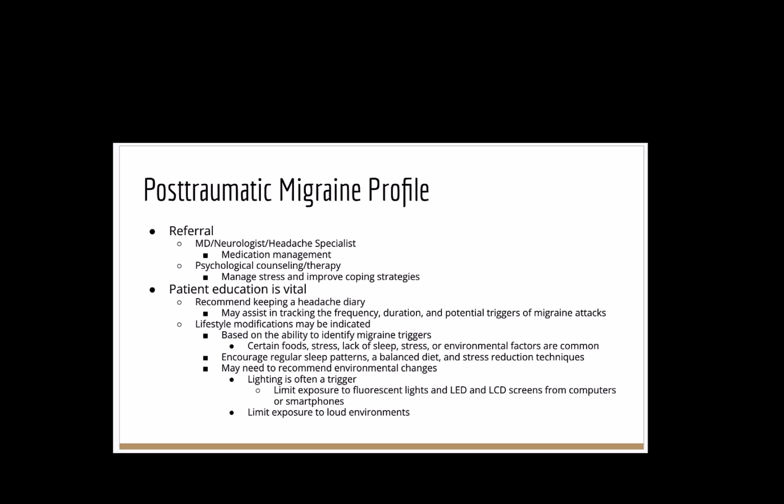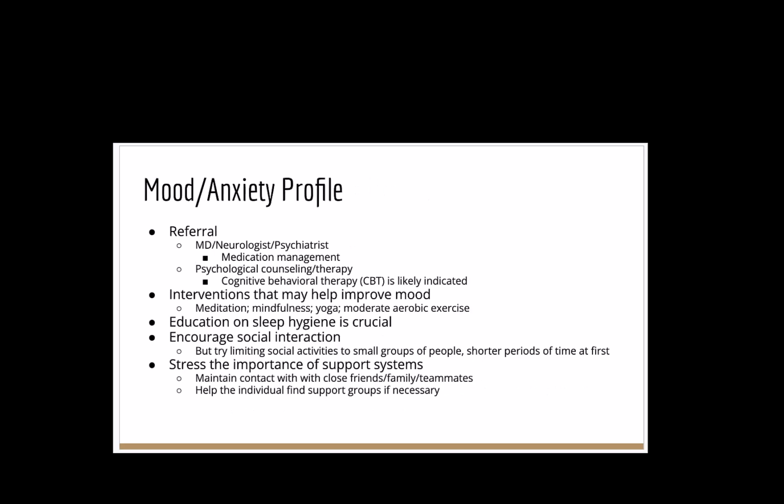So those can often lead to triggers of migraines. So again, this patient population commonly sensitive to light, commonly sensitive to sound. So even just some environmental recommendations to make adjustments for can be very helpful for this person's management.